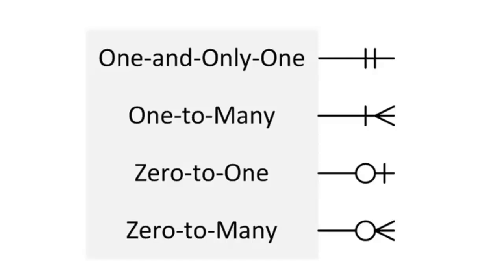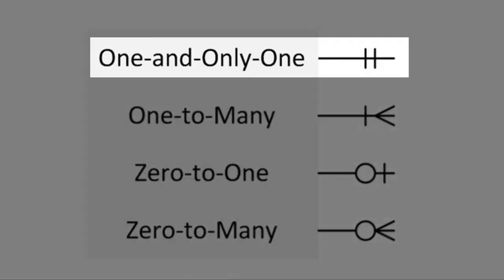Now that we're familiar with our three different types of cardinality symbols, that is, the hash mark across the relationship line, the crow's foot symbol, and the circle, we have everything that we need to describe the four different types of specific relationships which might exist among entities in an entity relationship model.